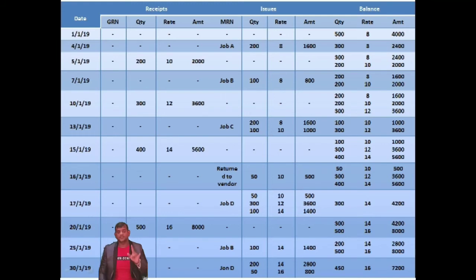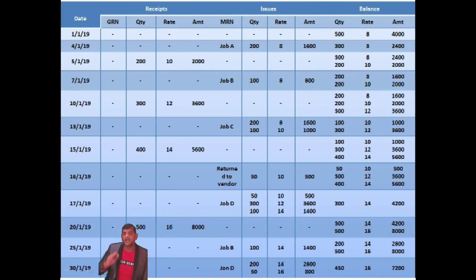So 50 units at rupees 10, 500 rupees. Then we have 200 units at rupees 12, 3600 rupees, and 400 units at rupees 14 each, that is 5600 rupees.